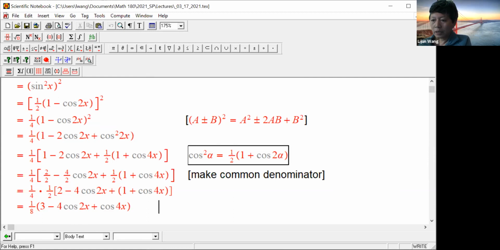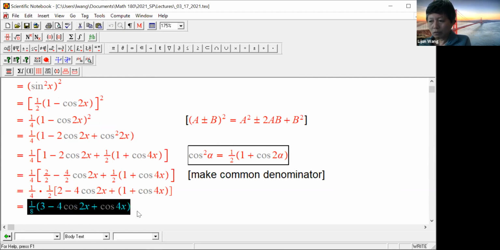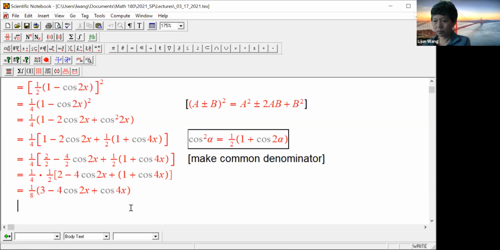I encourage you to learn to write in this form instead of this form. This is what I mean.